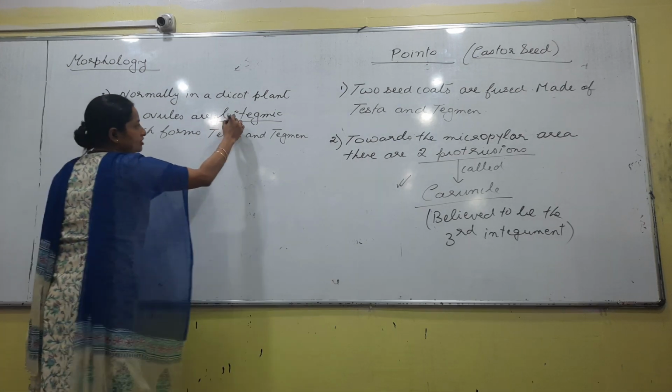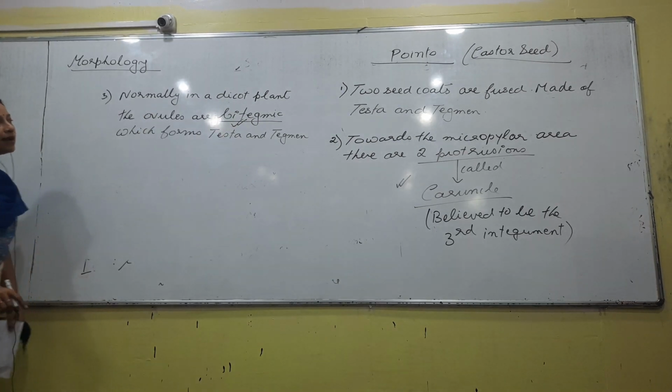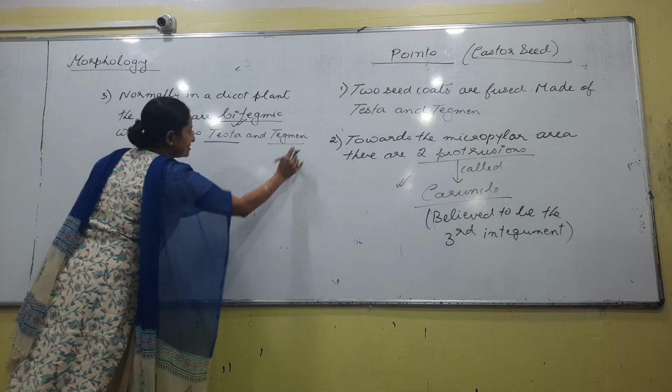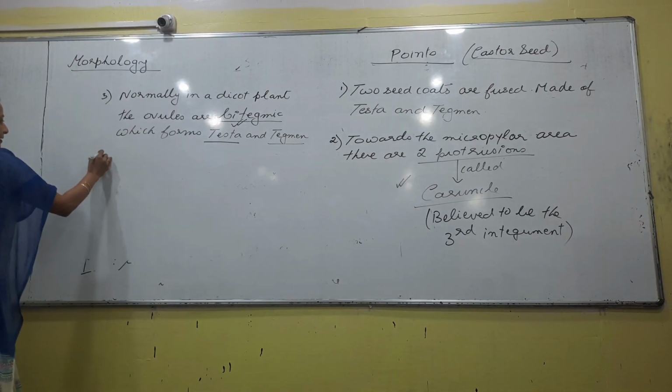We are talking about a condition called bitegmic. If the ovule is bitegmic, two coverings would be formed, that is the testa and the tegmen. Next.